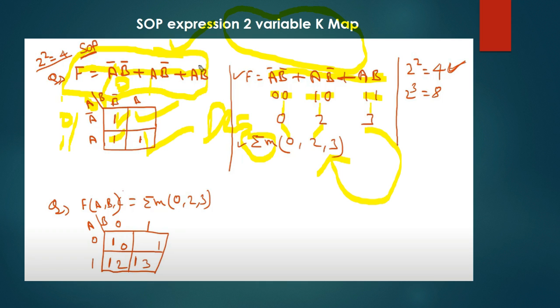Even if you don't want to write 0 and 1, you can write A bar, because A bar is equivalent notation for 0. 1 is equivalent to A itself. The same goes for this one. Instead of writing 0, we could write B bar here. Instead of writing 1, we could write B here.